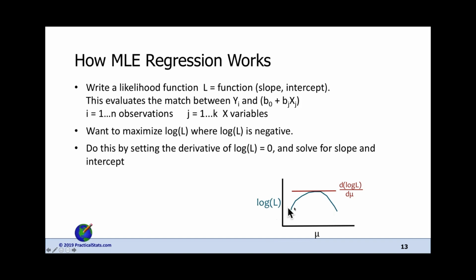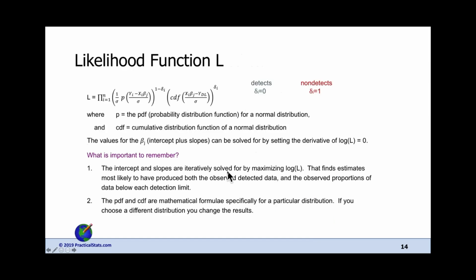These are going to be negative numbers. So the maximum up as close to 0 as I can get for this function, this log likelihood. And that would be the best estimates of intercept and slope. So that's how maximum likelihood works.